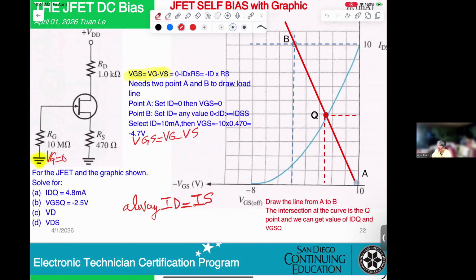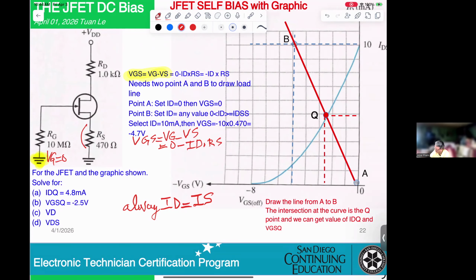No VG. Okay? 0 minus VS. VS, that means the voltage here equal ID times RS.